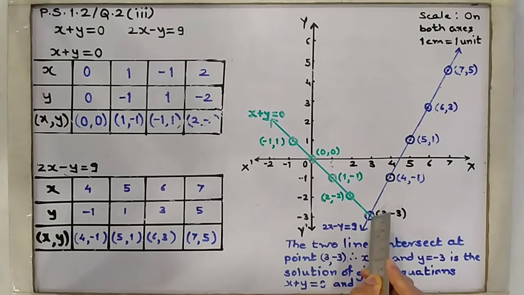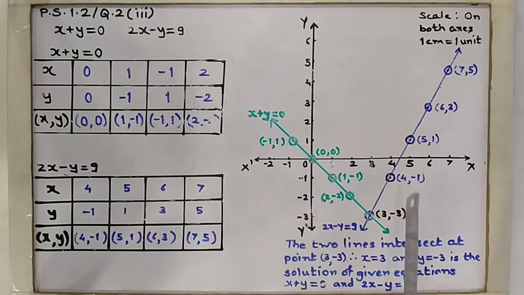Now this point is 3 comma minus 3. They intersect over here, whose x coordinate is 3 and y coordinate is minus 3. Therefore x is equal to 3 and y is equal to minus 3 is the solution of given equations x plus y equal to 0 and 2x minus y equal to 9.